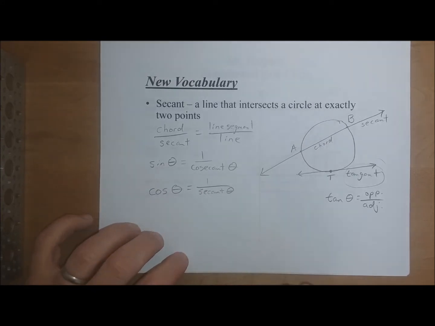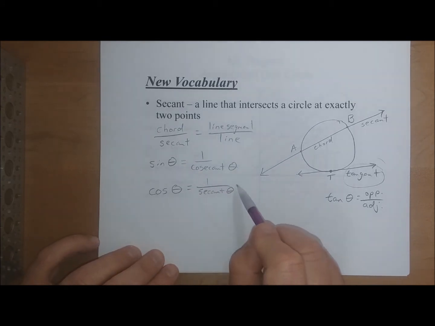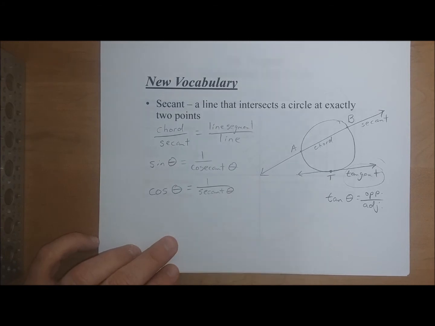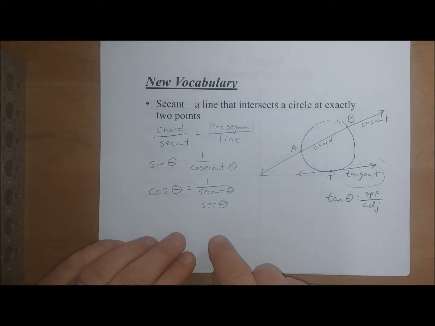If you haven't seen this before, that's okay. This is some more advanced trigonometry, but you are going to run into secant as a trig function, and it will be abbreviated like this. So is this using the same word to refer to two different things? Not quite. Let's take a look at the unit circle and see how it is related.